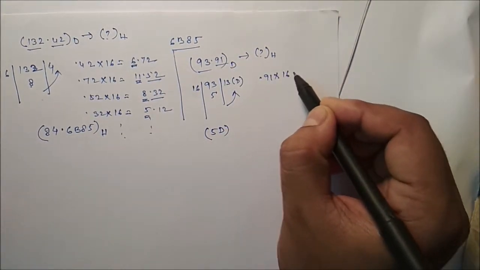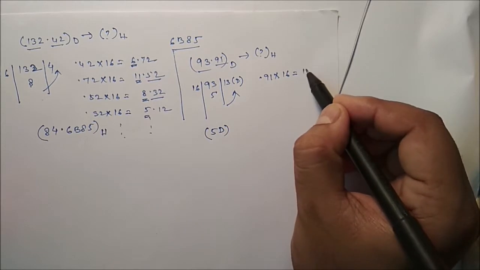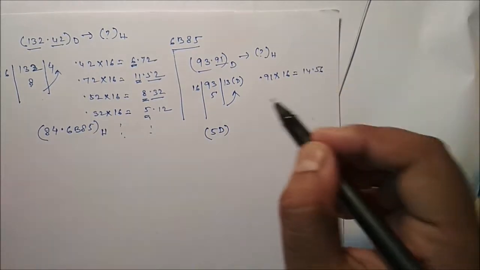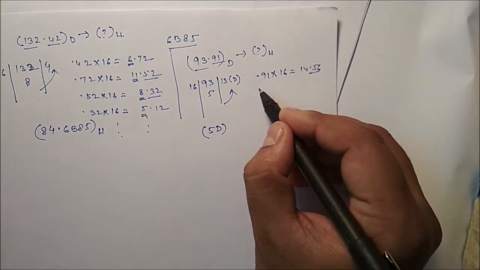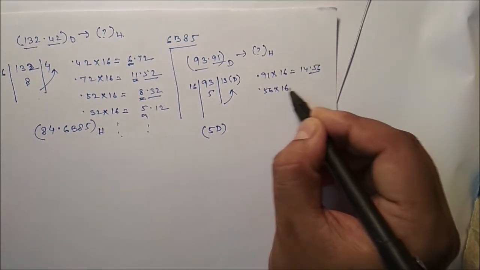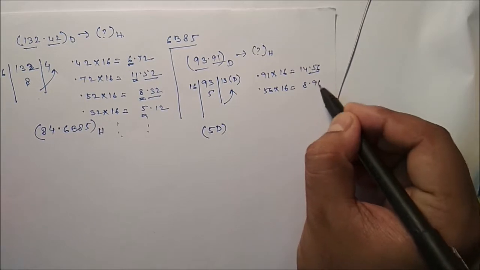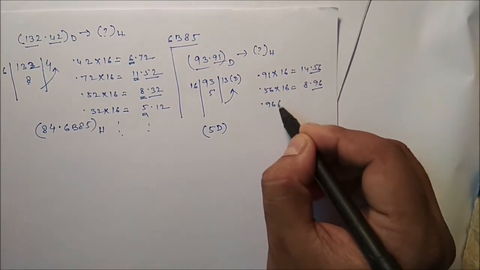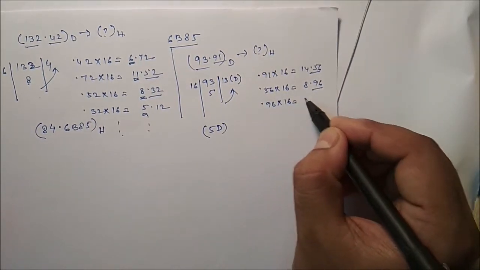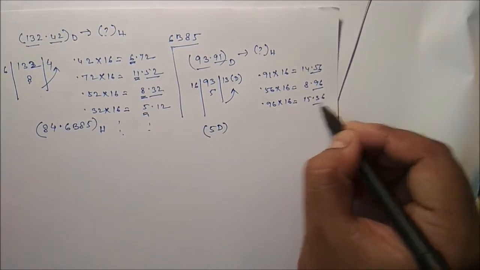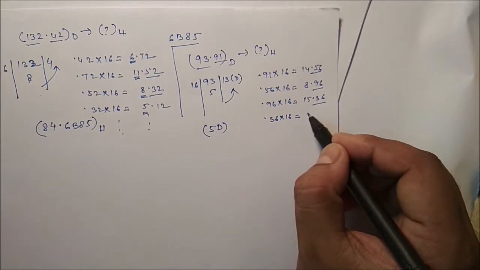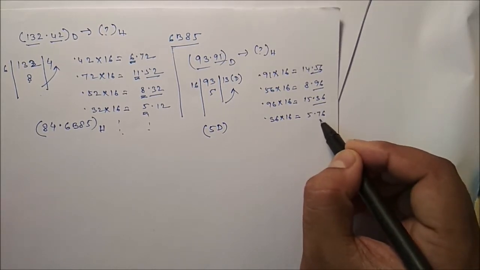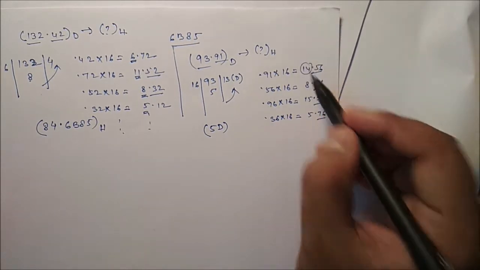So 0.91 into 16, that is 14.56. Then we take this 0.56 into 16, that is 8.96. Take this 0.96 into 16, that is 15.36. So 0.36 into 16, it will be 5.76 and so on. So you have to take this number only.